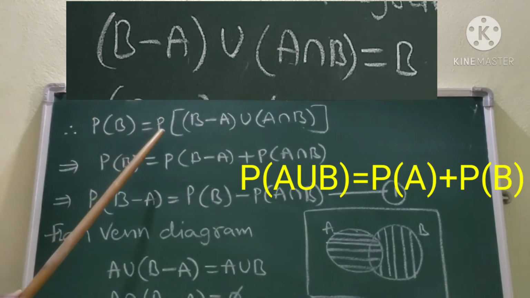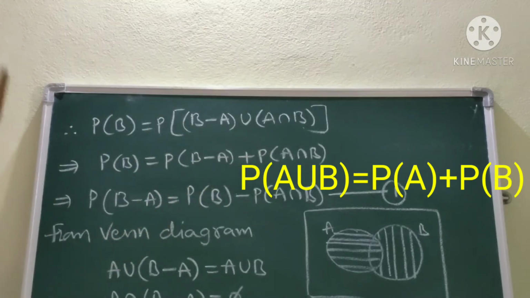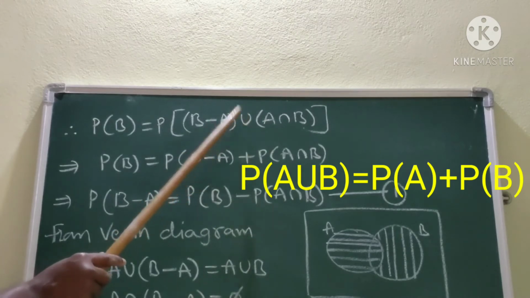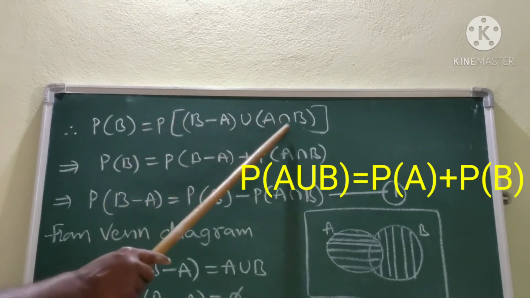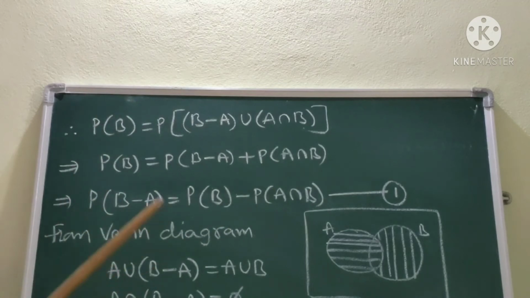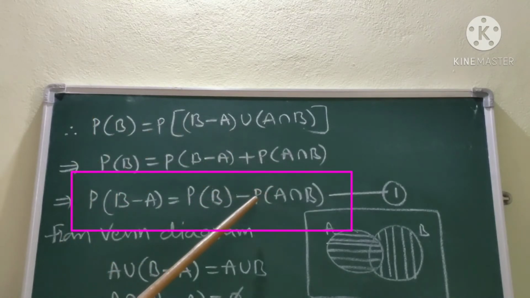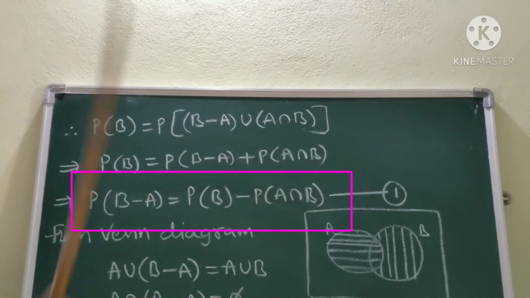So from the definition we can write P of B is equal to P of B minus A, in place of union we take plus, P of A intersection B. Here P of B minus A is equal to P of B minus P of A intersection B. Let us say this is equation 1.